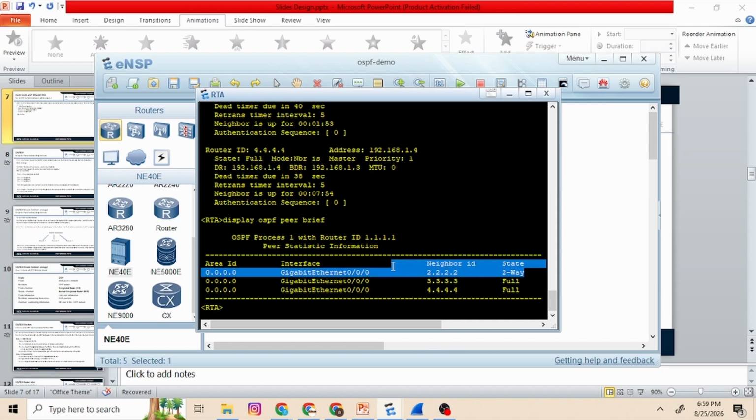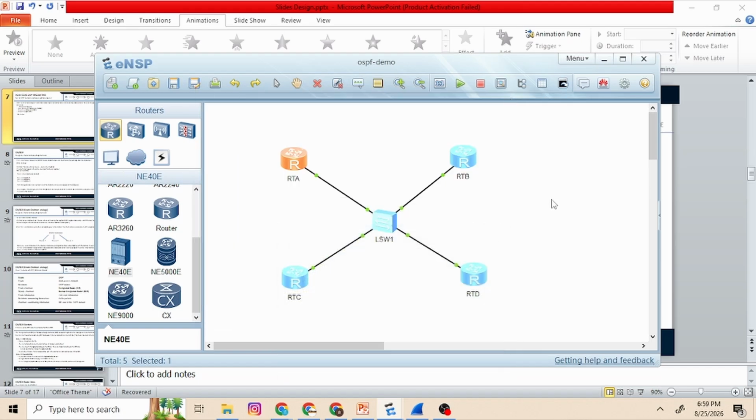And then this other neighbor is stuck at 2-way, which means it only formed a neighbor relationship, but did not transition to full, so did not form an adjacency.